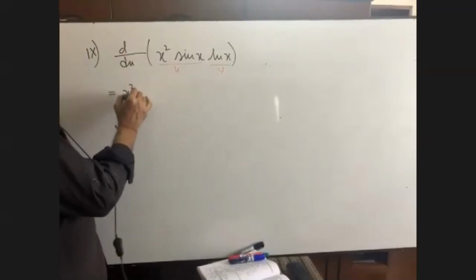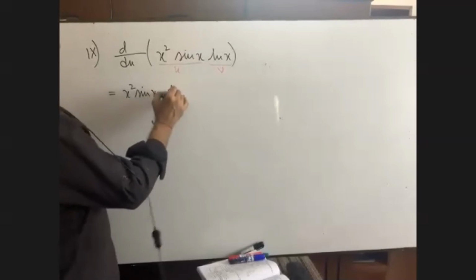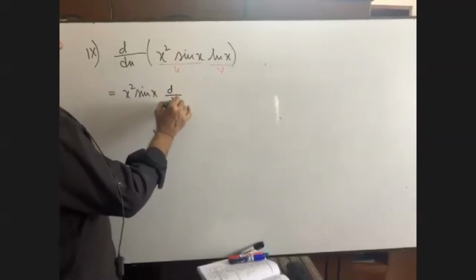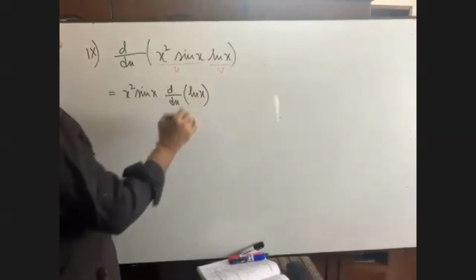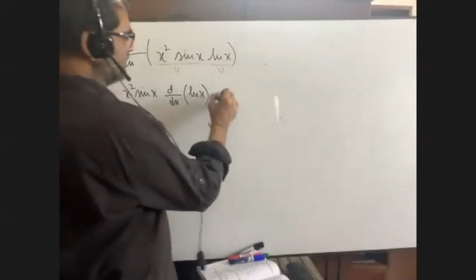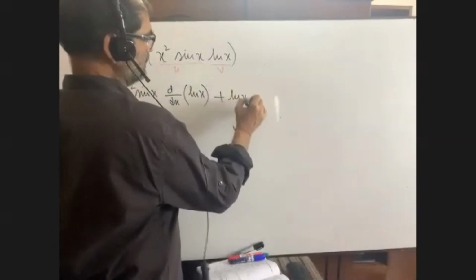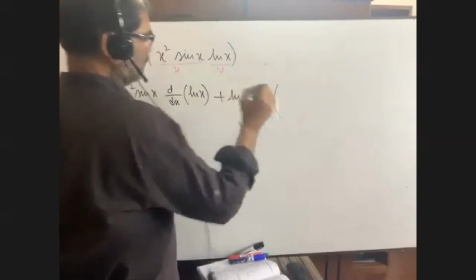U d by dx of v, then plus v d by dx of u. What is u?